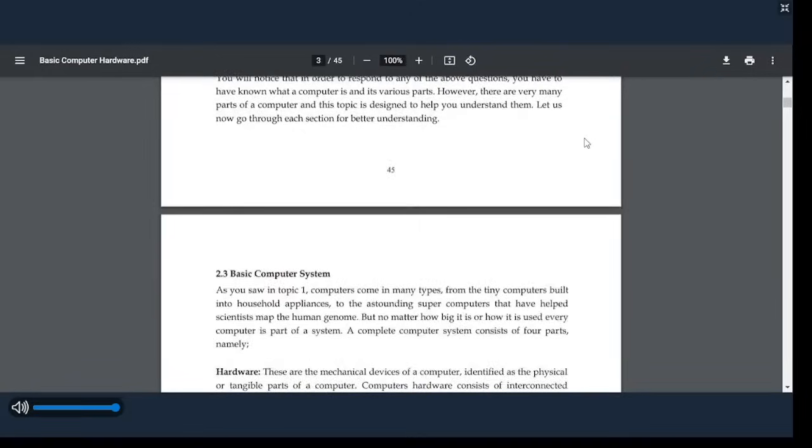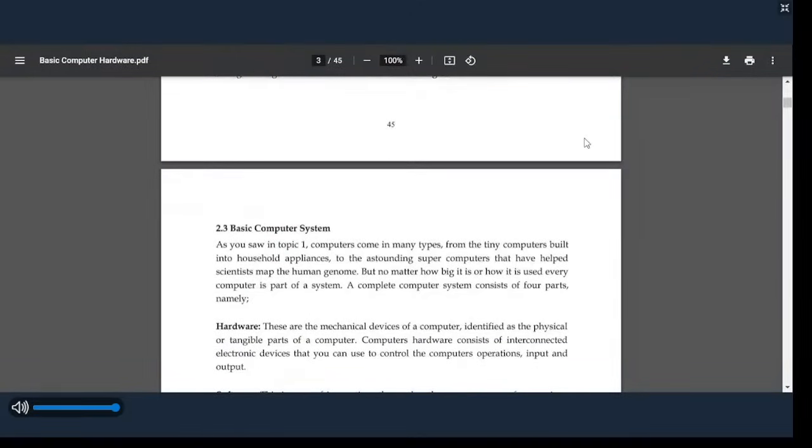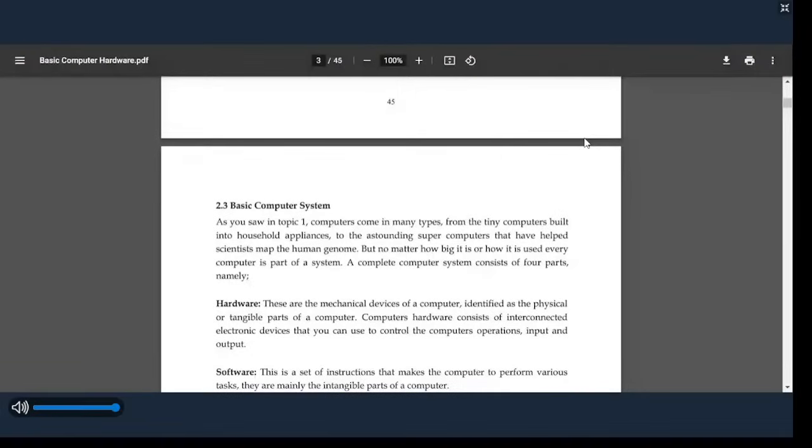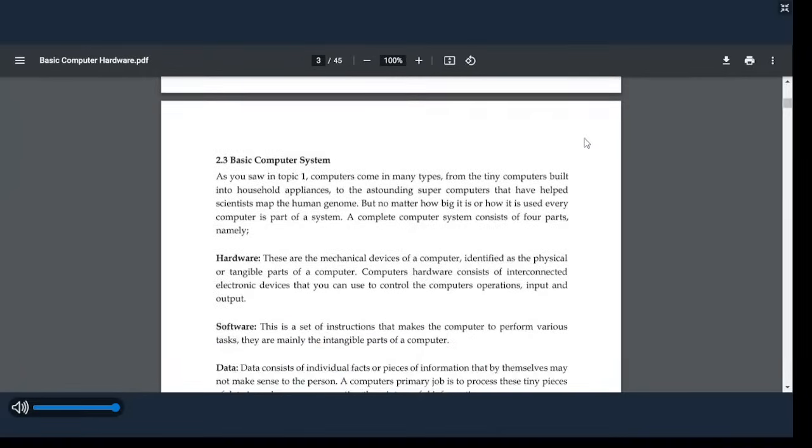So this computer system, as you saw in topic 1, computers come in many types, from the tiny computers built into household appliances to the astounding supercomputers that have helped scientists map the human genome. But no matter how big it is or how it is used, every computer is part of a system. A complete computer system consists of 4 parts.